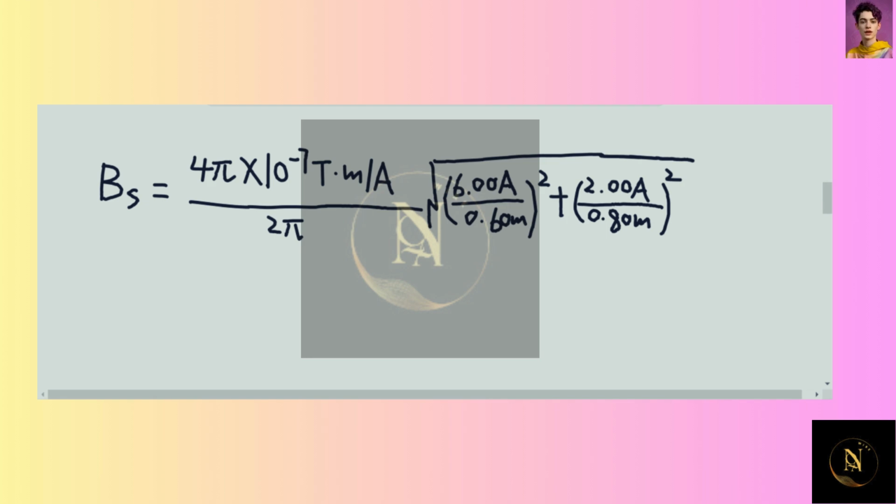And this will give us the magnetic field at point S of about 2.06 times 10 to the power of -6 Tesla.